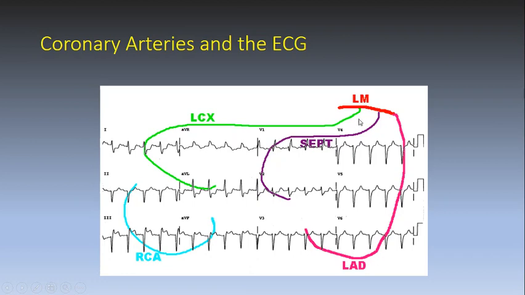If you have kind of global, where you have V1 through V6, this is like a mid to high left main artery, and that's real serious. That means the whole front and side of the heart through the middle and septum is dying, and that's pretty ominous. But this gives you kind of a quick, easy cheat method.